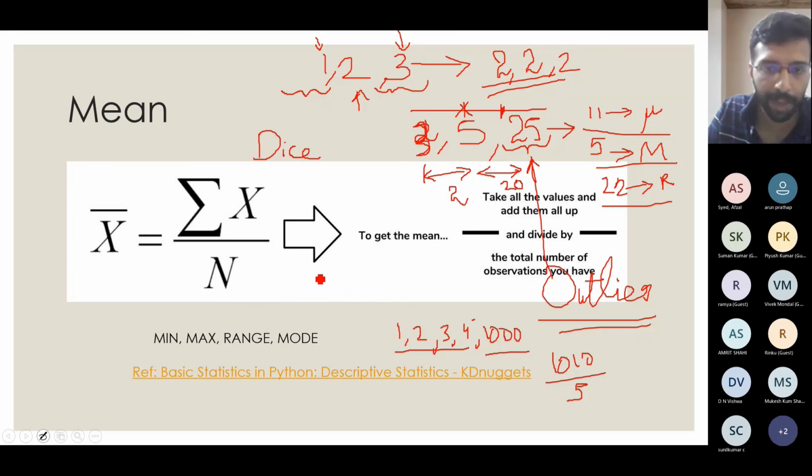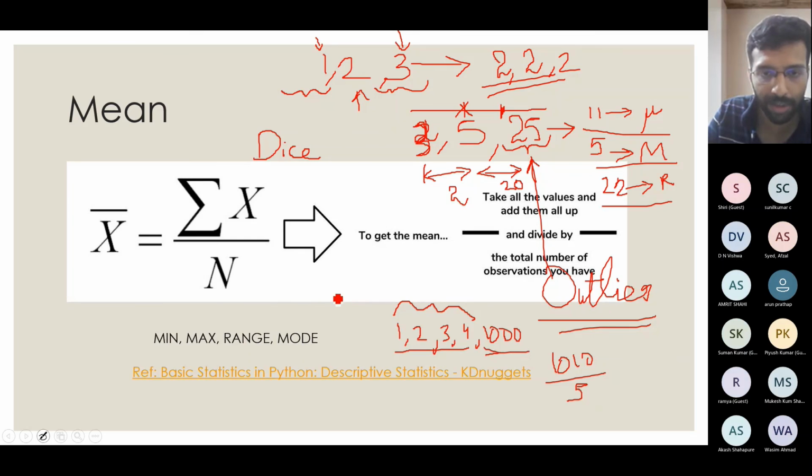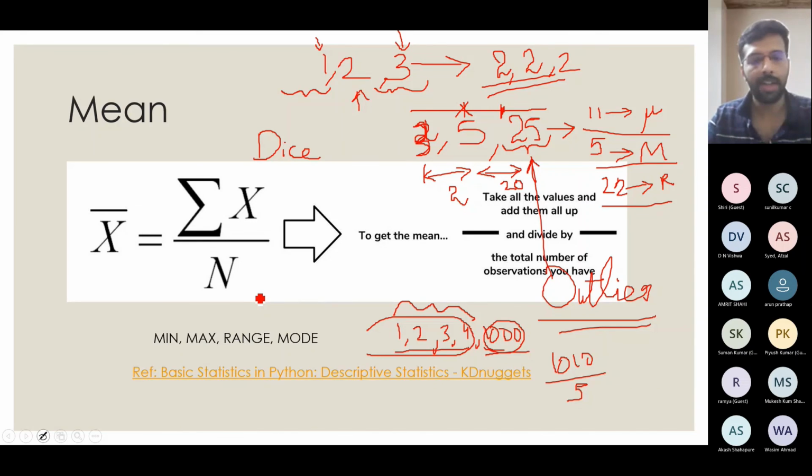Compared to the majority of my data points, this mean will be too far away. In this case, the mean is actually very off and is nearer to this 1,000 data point than to the majority of the data points in my data set.